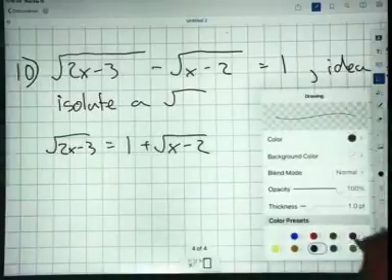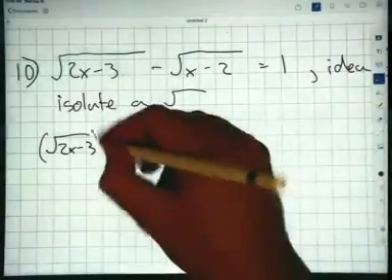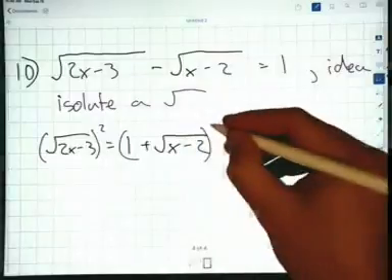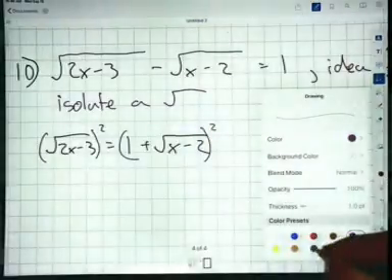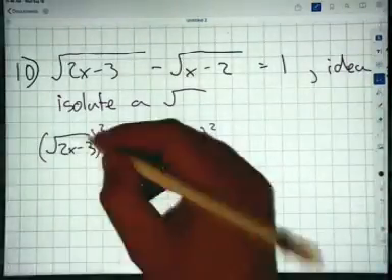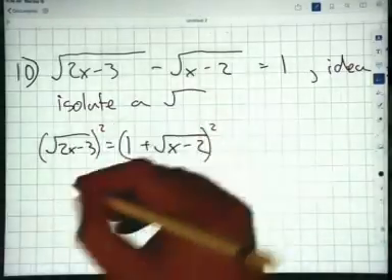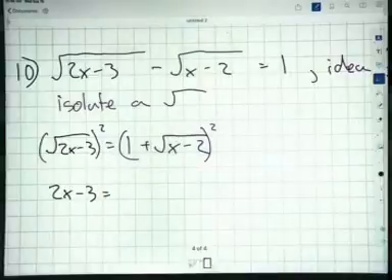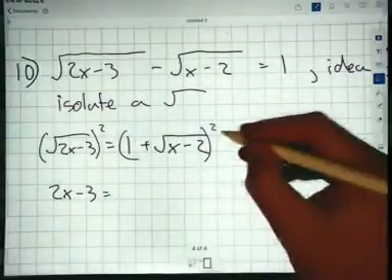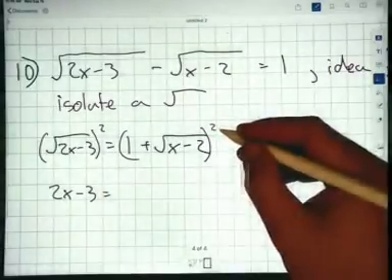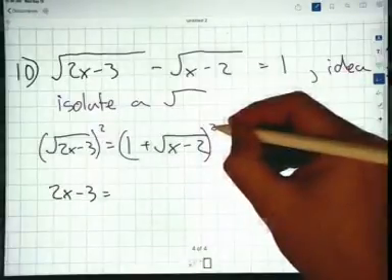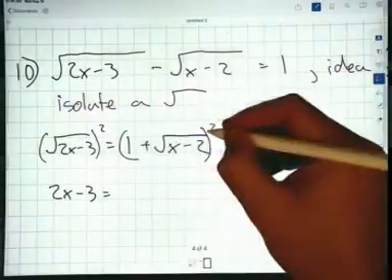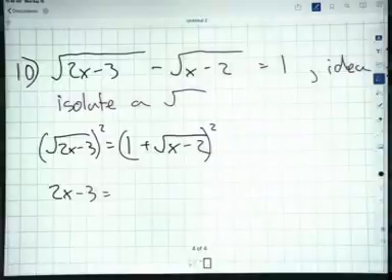Then we square both sides. First of all, everybody gets this first part right. Radical and exponent 2 cancel out. Inevitably, somebody's going to mess this up. Someone's going to just say, oh, take the 2 to the 1, take the 2 to the radical, and do that.